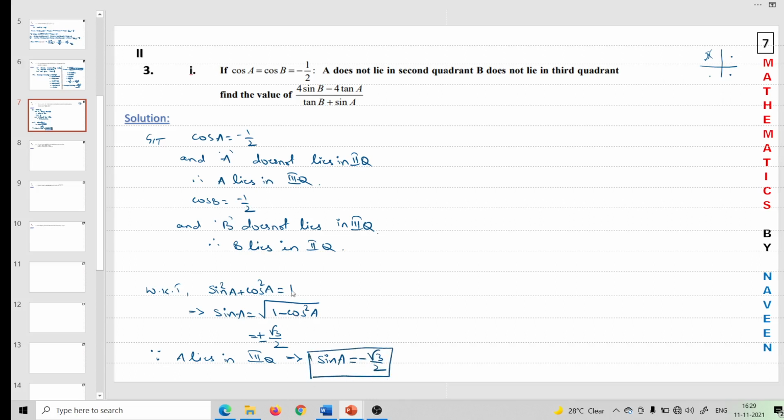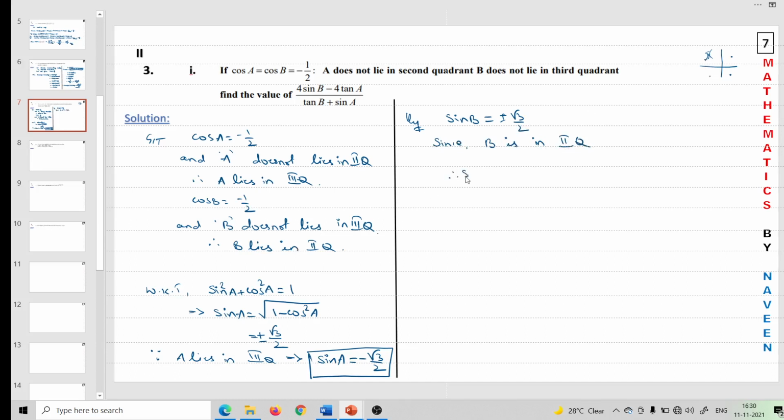In a similar way, you have to find sin B here. Cos B is there, sin B you have to find. Similarly, sin B is equal to plus or minus root 3 by 2. Since B is in the second quadrant, sin values are positive.